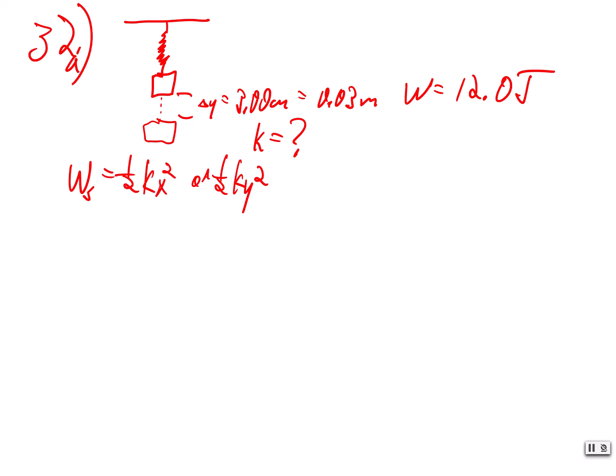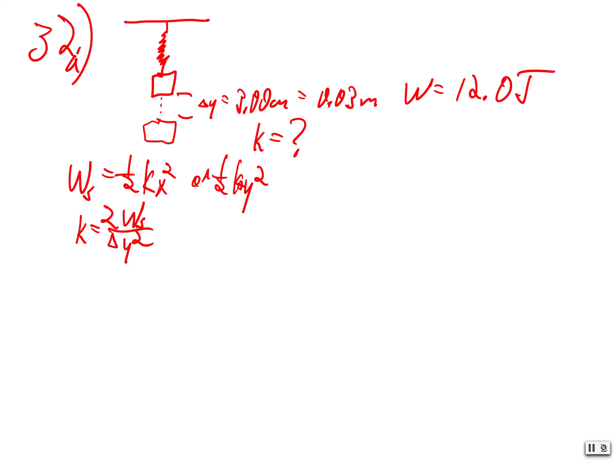Now, let's solve for K, which is equal to 2 times the work done on the spring, divided by y squared, y final squared, or delta y squared, either way.